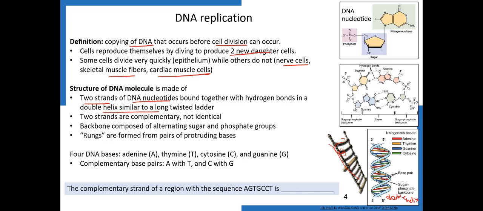And you can see here that you've got one strand and another strand over here, and the two strands are bound together via their bases, right, with hydrogen bonds. So the rungs of the ladder are formed by these bases joining together from strand 1 and strand 2.